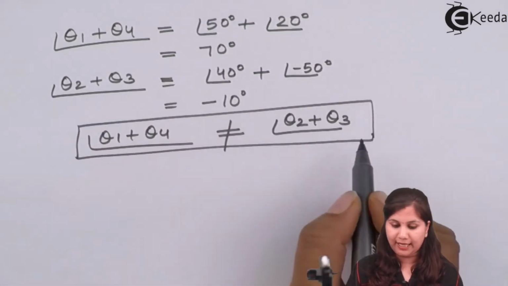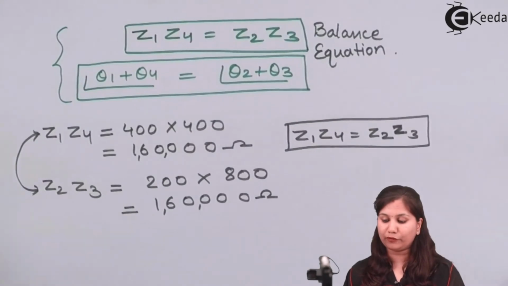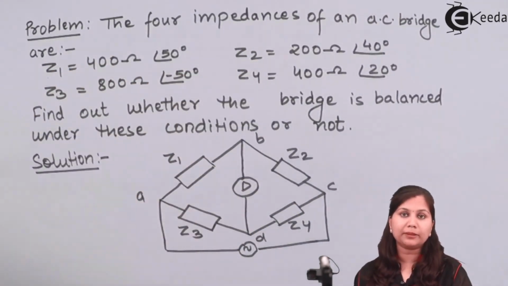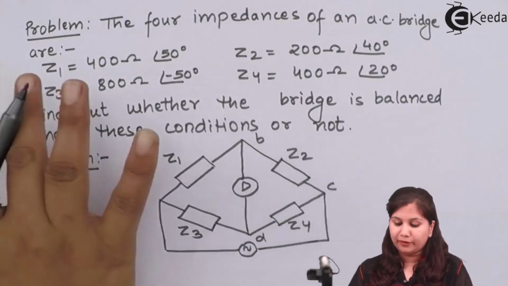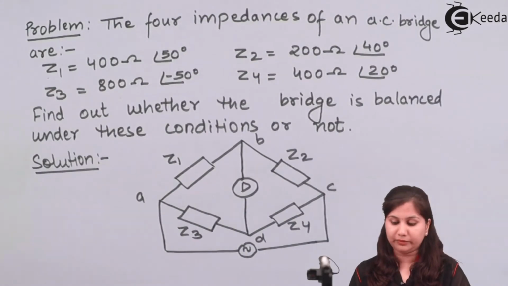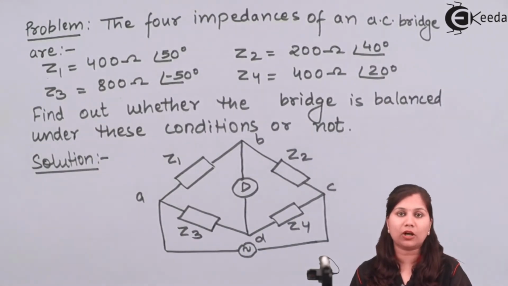So we can say that for these values of the four impedances, the bridge is not balanced, because the magnitude equation is satisfied but the phase angle equation is not.